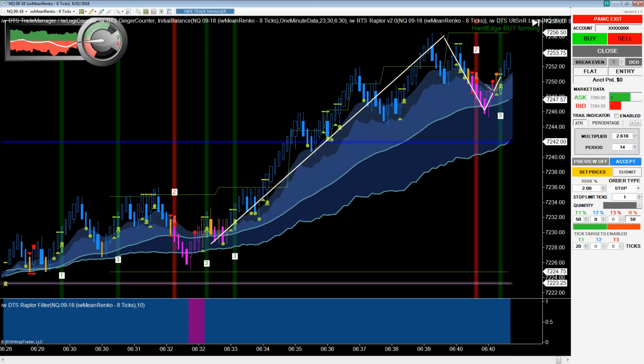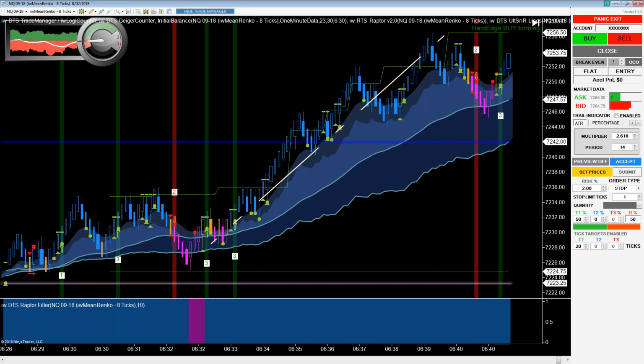So that's what incorporates a number 3 signal. It's essentially buying a market on a pullback, or in the case of a downtrend, selling a market on a pullback. That's the essence of a number 3 signal.